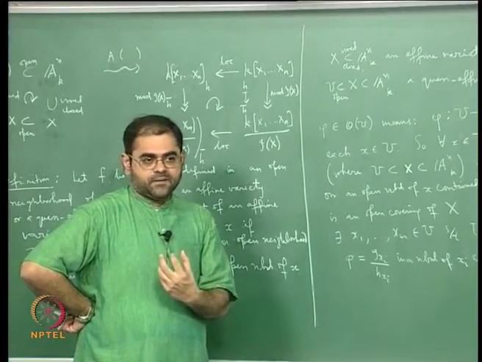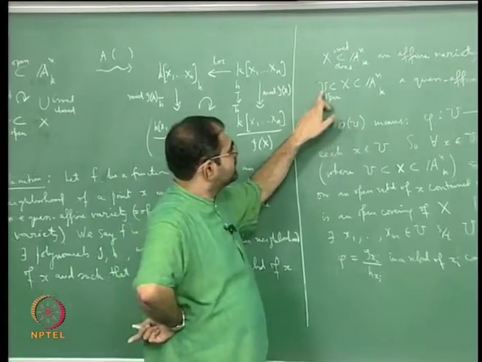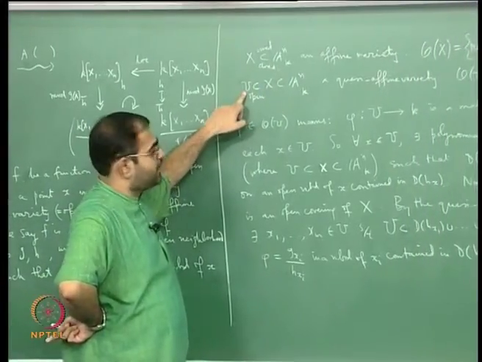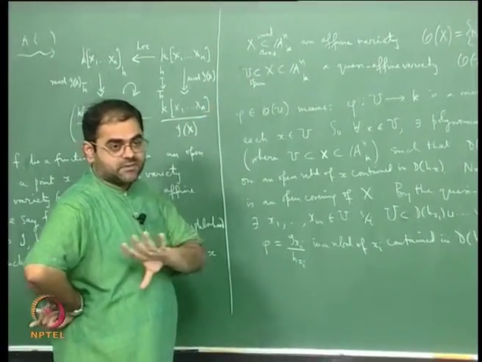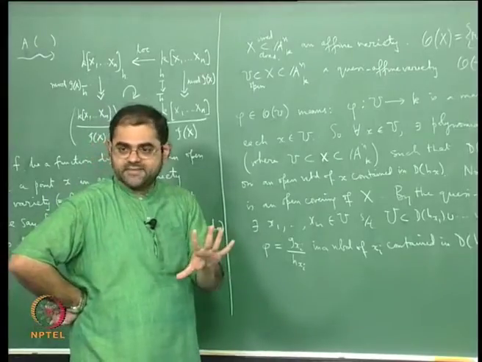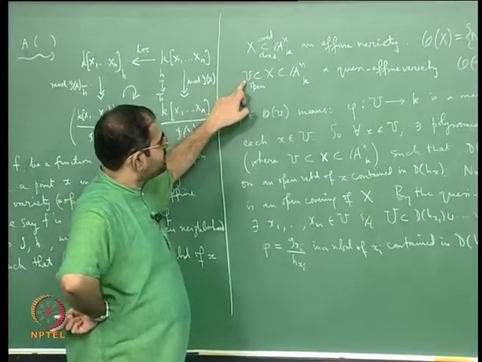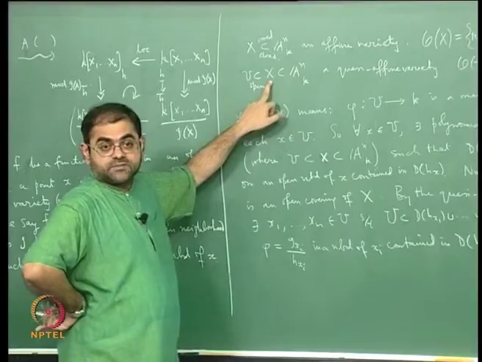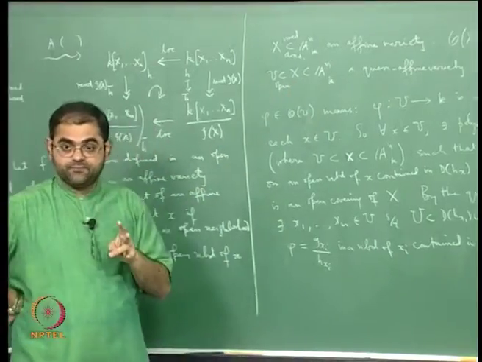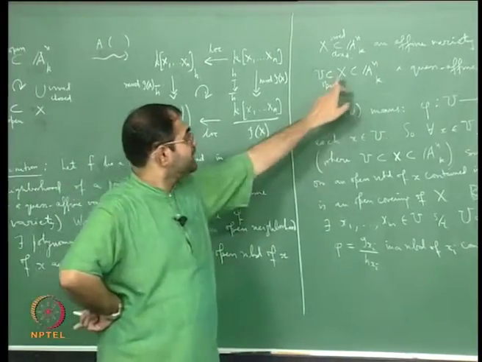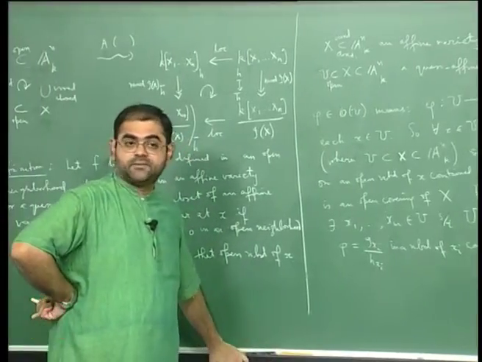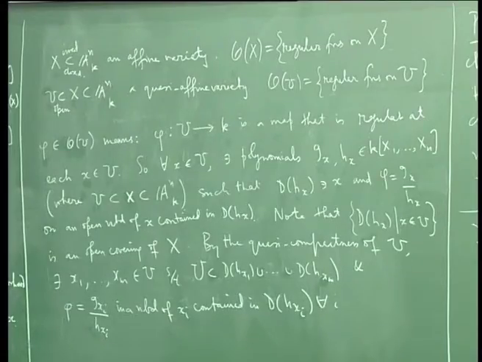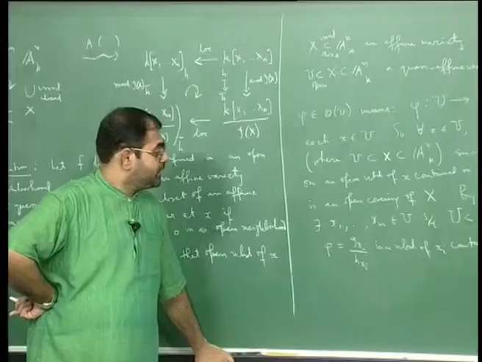So U is a non-empty open subset of X, and mind you, a non-empty open subset is both irreducible and dense, because capital X is irreducible.